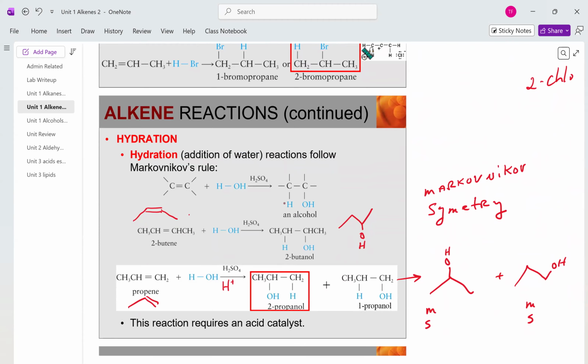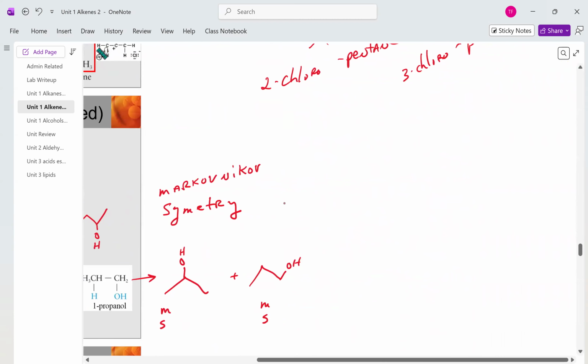Hydration is the act of adding water. Okay, and water is hetero. So let's do an example adding water.